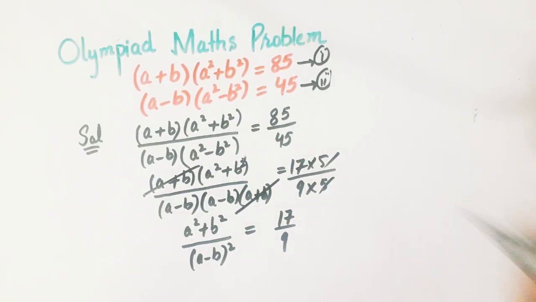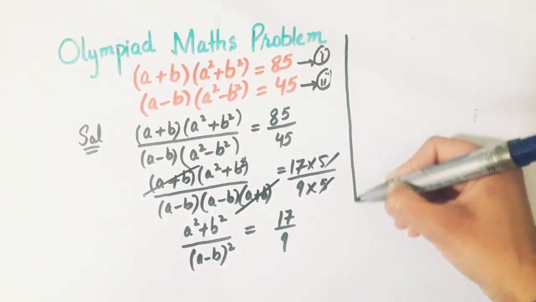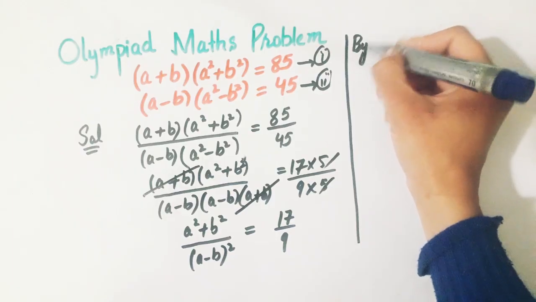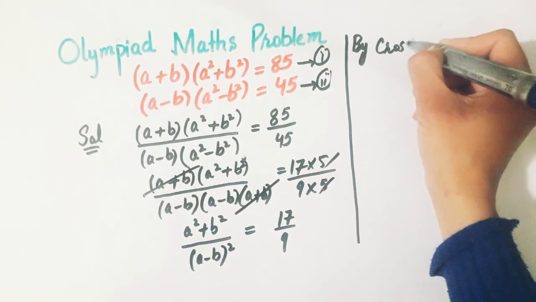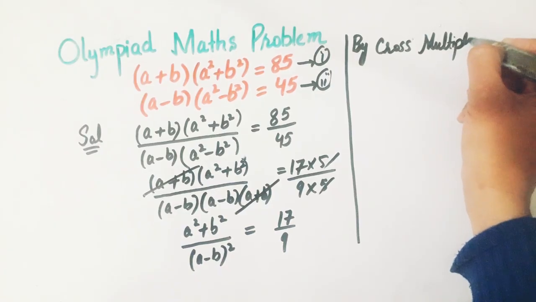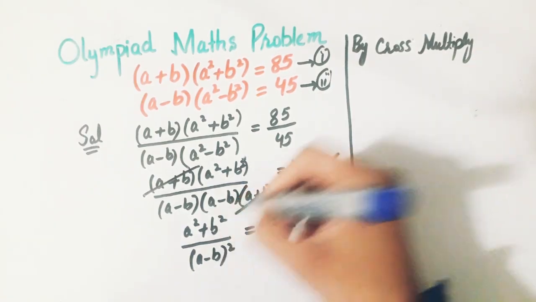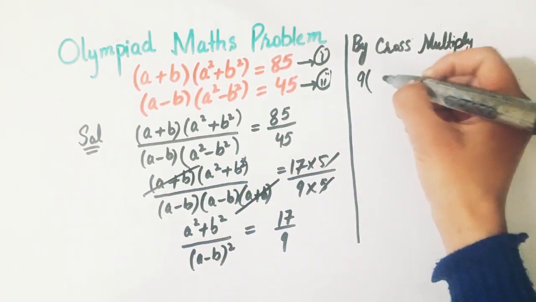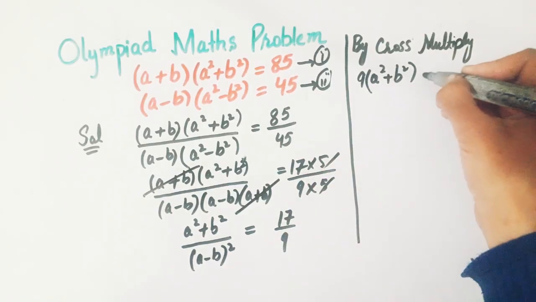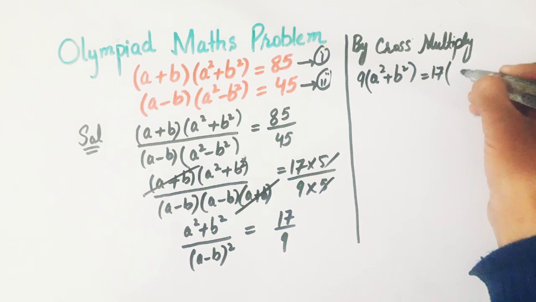So by cross multiplication we get 9 multiplied by (a square plus b square) and 17 multiplied by (a minus b) whole square.